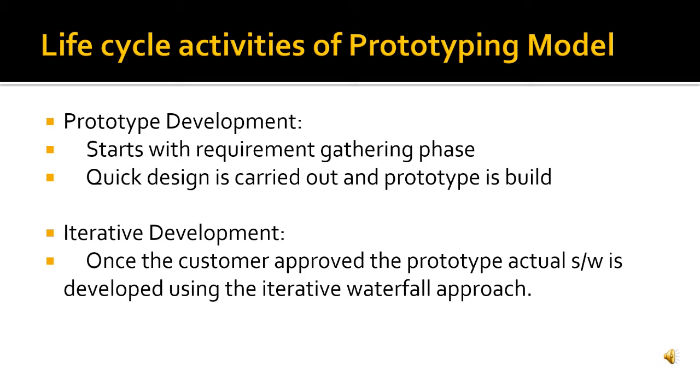In this phase, a quick design is carried out and a prototype is built. The developed prototype is submitted to the customer for evaluation. Based on the customer feedback, the requirements are refined and the prototype is suitably modified. This cycle of obtaining customer feedback and modifying the prototype continues till the customer approves the prototype.